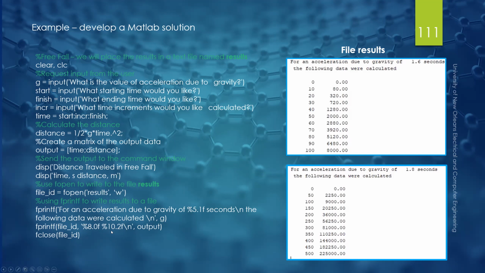Then I have another placeholder for the second variable that I want out of output. One is time and the other is distance. As soon as I run the statement, it's going to put that information into this file that I defined as results. And then the last thing I'm going to do is close it. Once it's done, I'm going to close it.